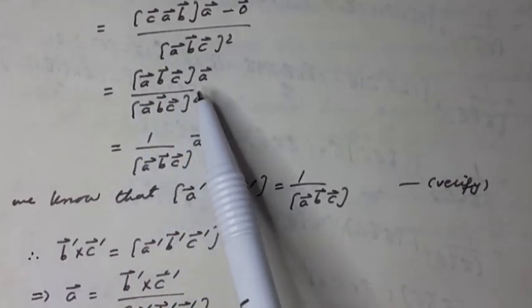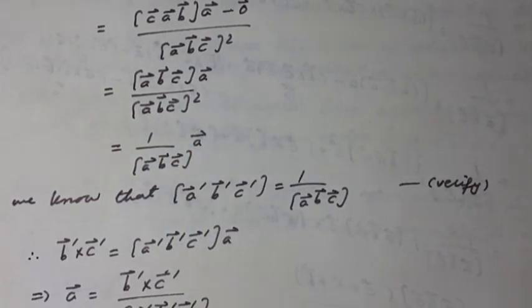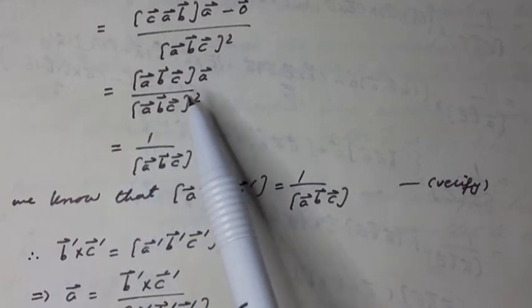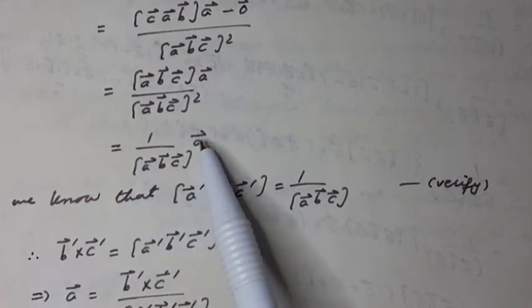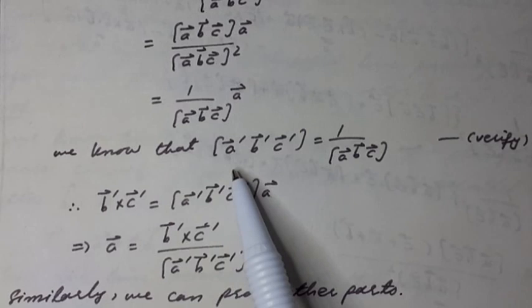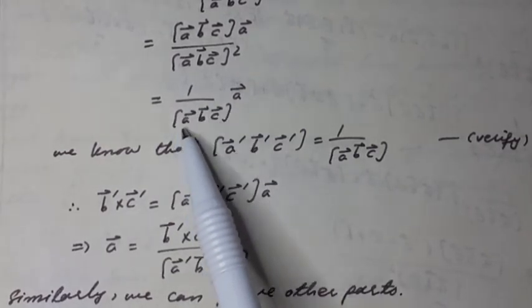It equals [a b c] a/[a b c]², which is 1/[a b c] times a. After cancelling, we know that [a' b' c'] = 1/[a b c].